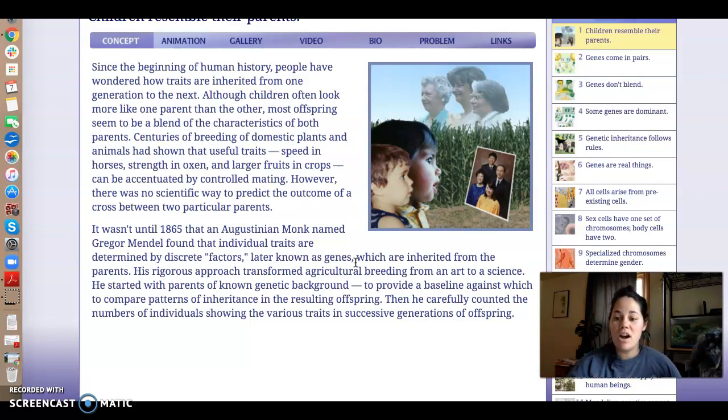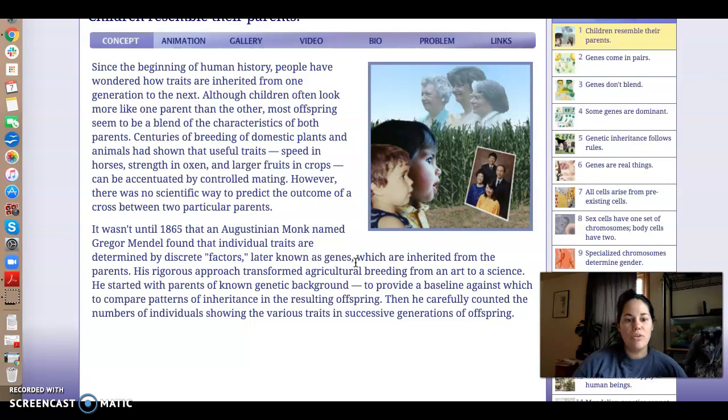So we've got a ton of vocabulary here in this passage. We've got the idea of breeding, which we're calling a cross between particular parents. We have this idea of traits, such as speed in horses or strength or the size of fruit.